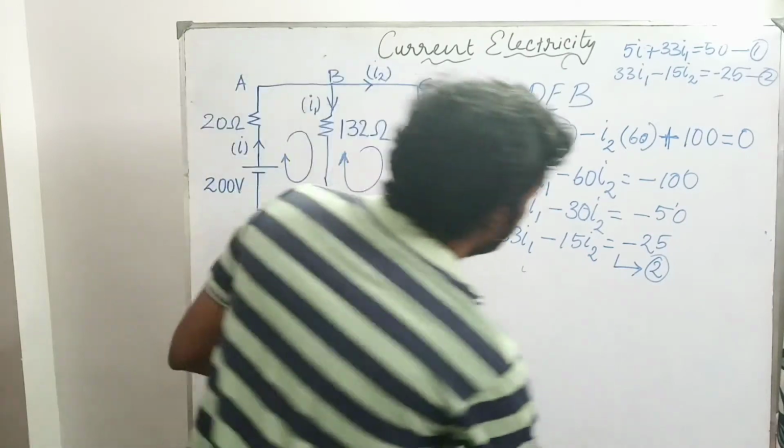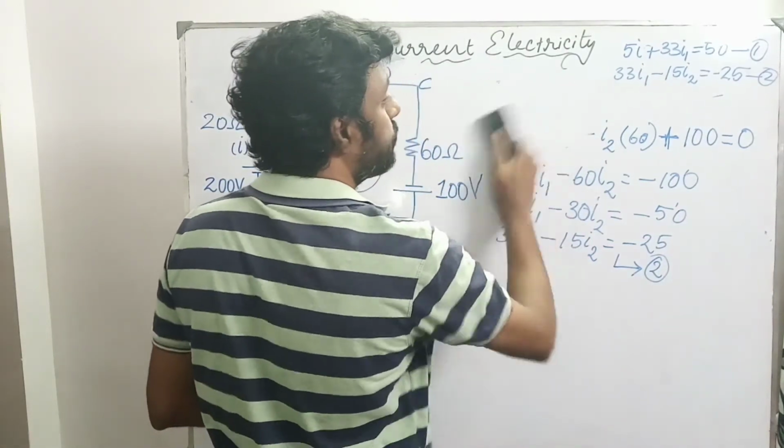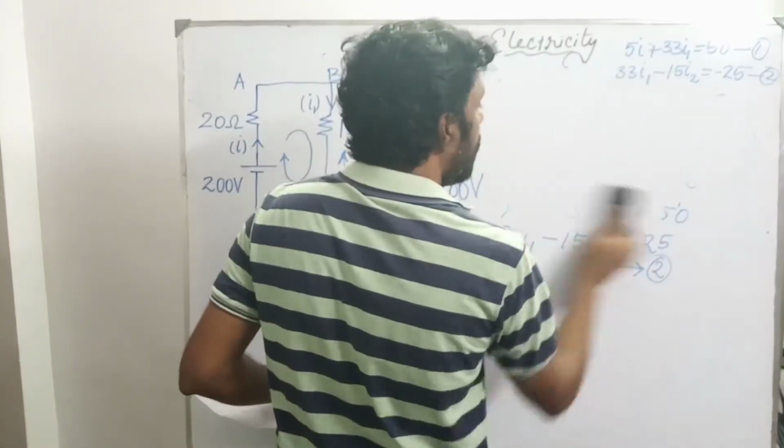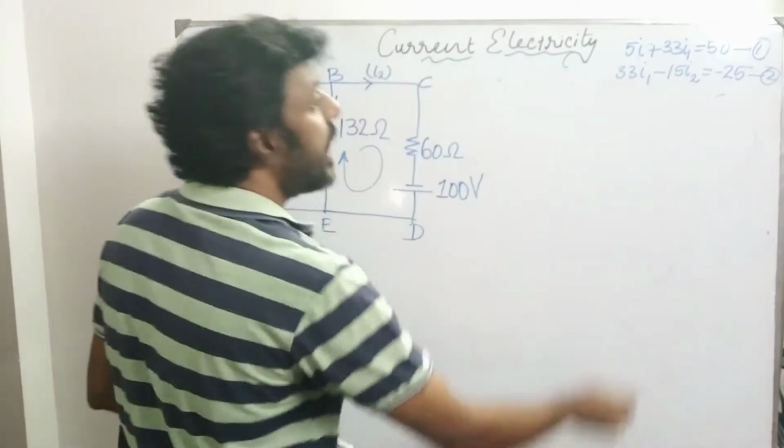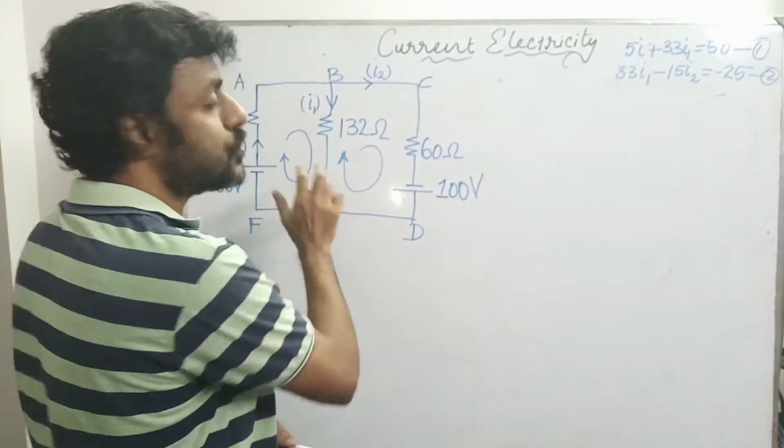Now I'm going to rub this calculation. Now I have two equations for these two loops.